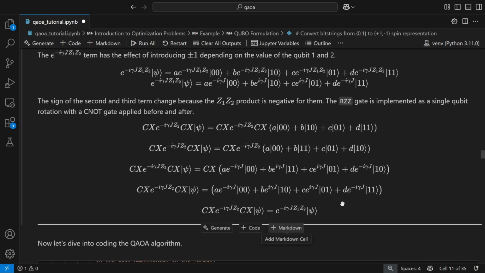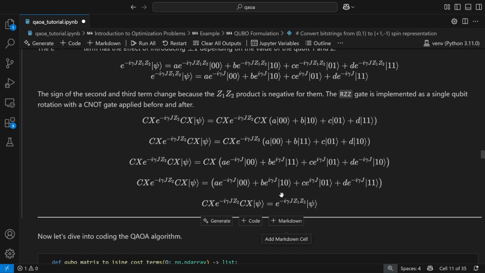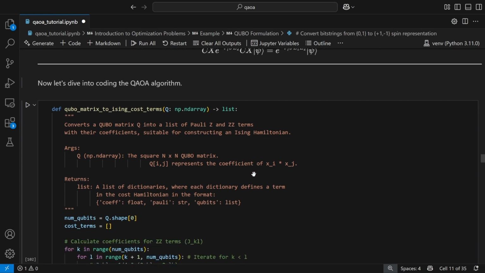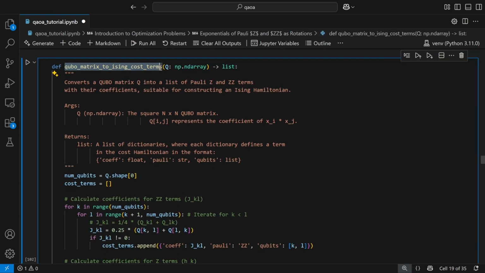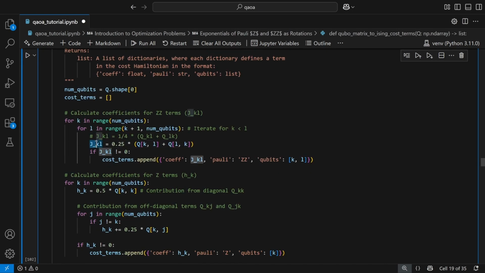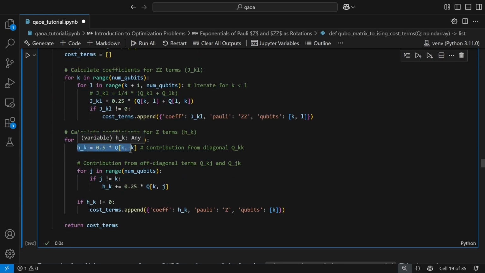Okay, so now that we know how to implement the individual terms of QAOA, we're going to construct the QAOA circuit. So first I'm going to convert the QAOA matrix to a bunch of Ising terms. This is nothing new. The Ising terms are related to the QAOA matrix and the linear terms as well.